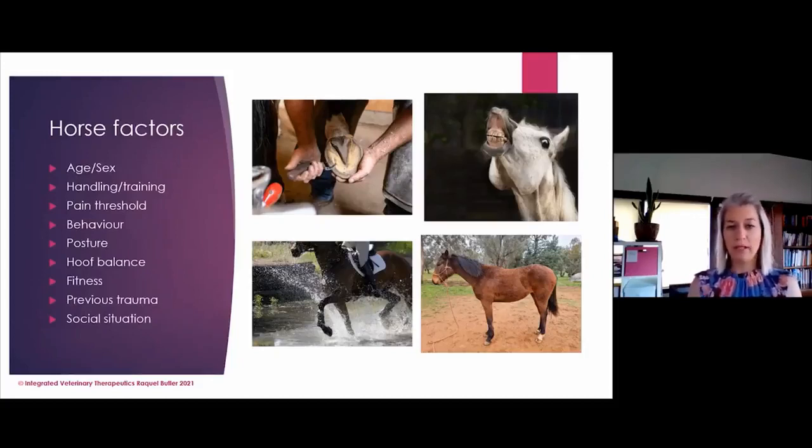Any previous trauma? So is there other previous trauma where they're struggling with the weight-bearing aspect of the injury? I looked at a horse years ago who had done a suspensory branch and it just wasn't healing very well. As part of the assessment, I don't remember exactly how it came up, but I think I said, oh, his pelvis looks really asymmetrical.